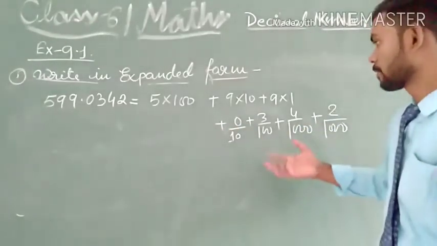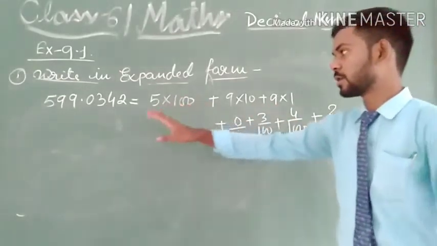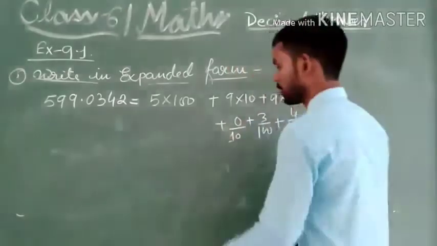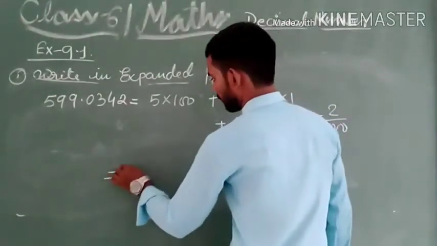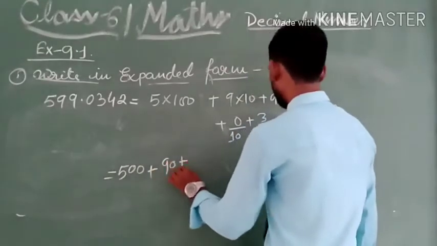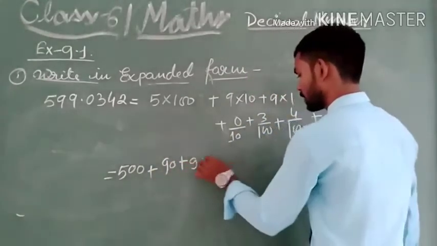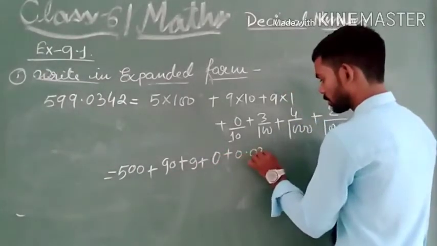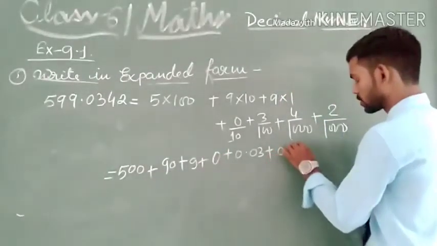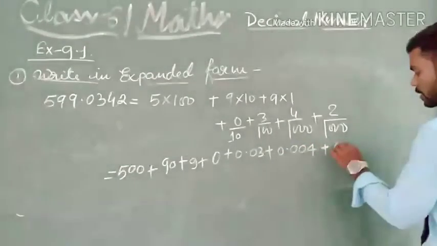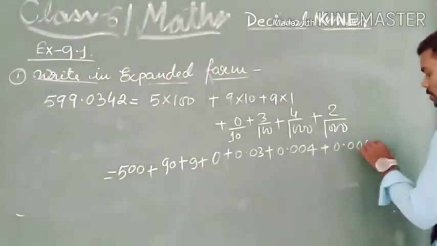So in this way we have changed the given number into the expanded form, and the expanded form we get is 500 plus 90 plus 9 plus 0 plus 0.03 plus 0.004 and plus 0.0002.